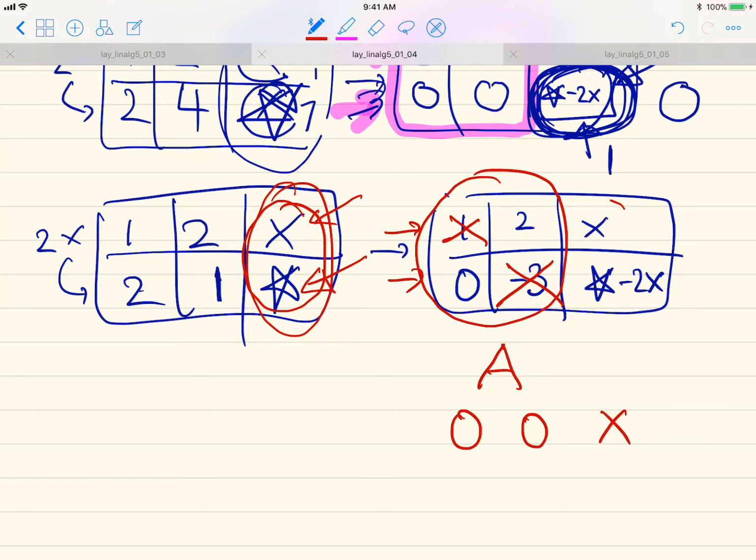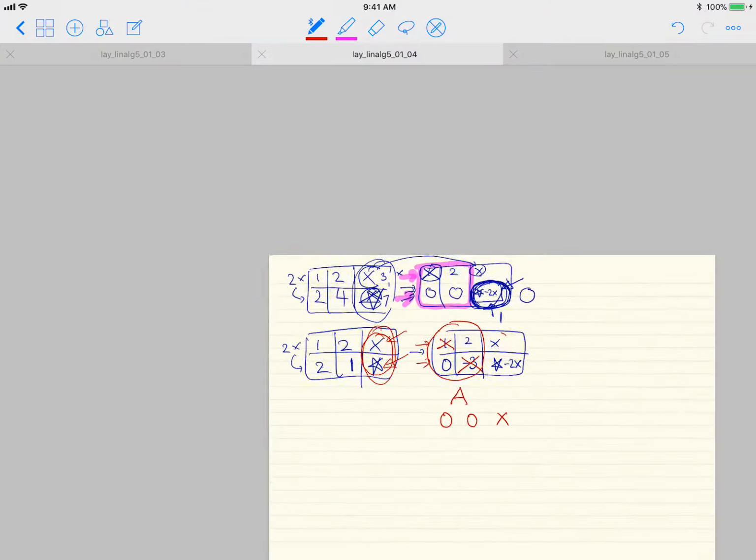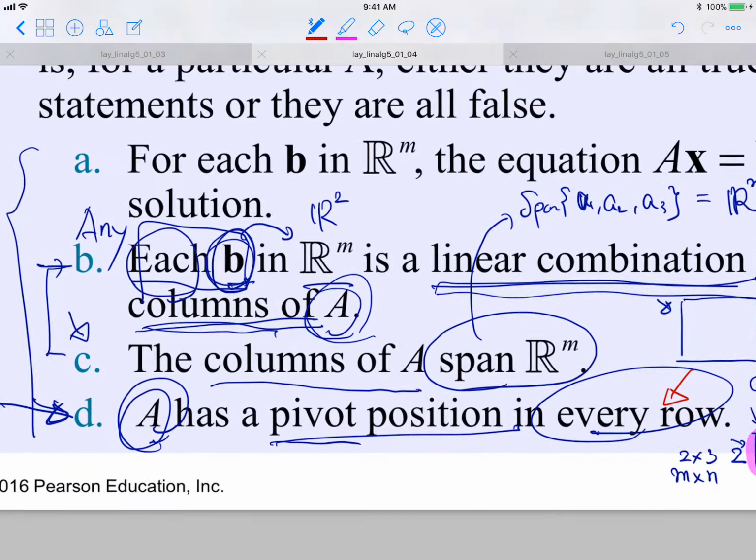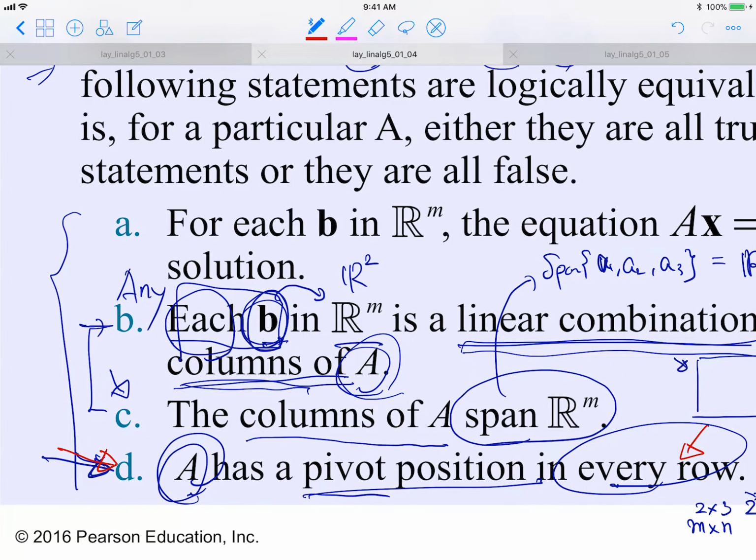And thus, we can always guarantee that we have a solution. So that is the main point of this.